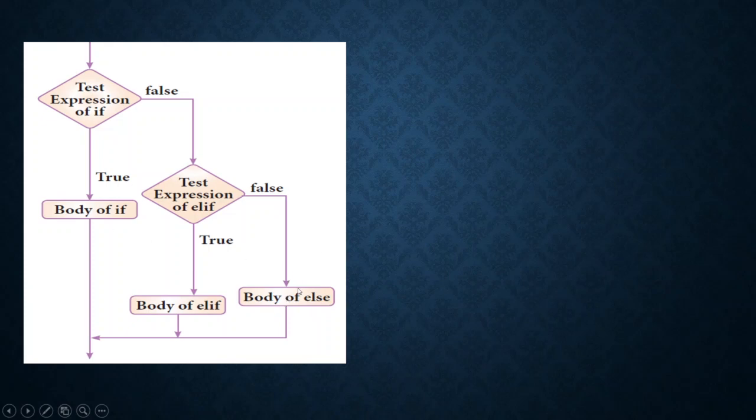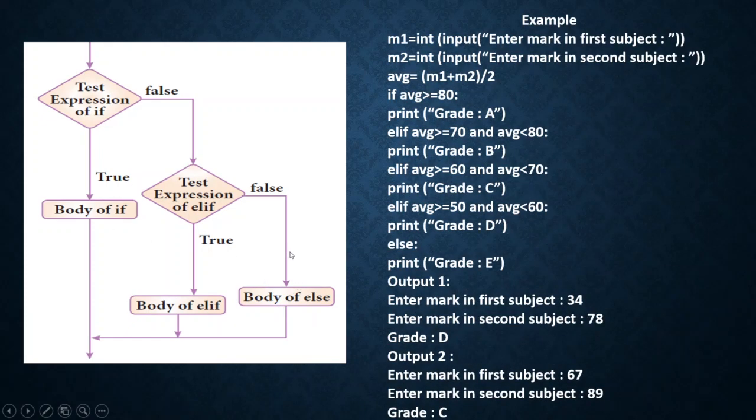Let us see an example to make it clear. Here we enter the marks of two subjects and find the average. If the average is greater than 80, you will get grade A. Elif the average is between 70 and 80, you will get grade B. Why are we using elif?